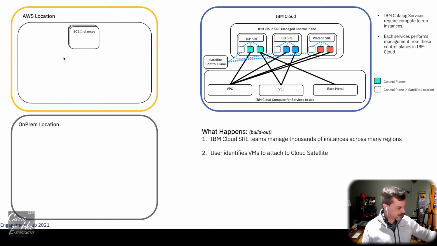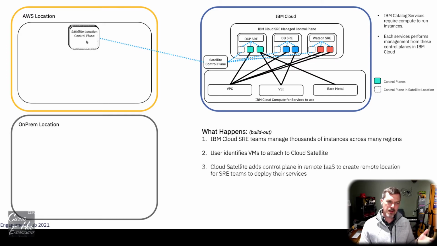And we have some on our team that create instances in their house, but it's really AWS, Azure, Google Cloud, all of it. But we're going to take these instances and then pair it with IBM Cloud Satellite, so Satellite can create a control plane in that remote location. And what that does is it then introduces all of our IBM Cloud services to that location as a potential target.